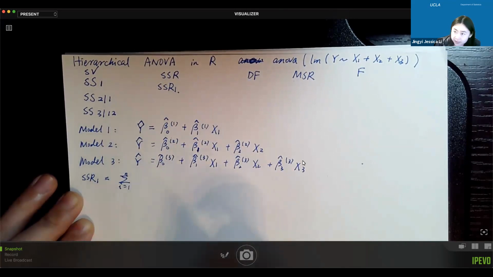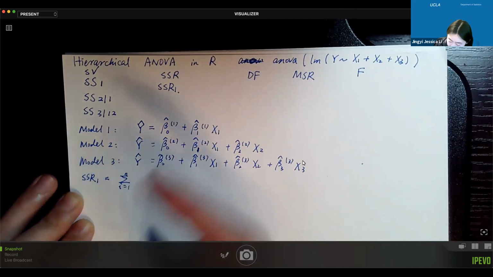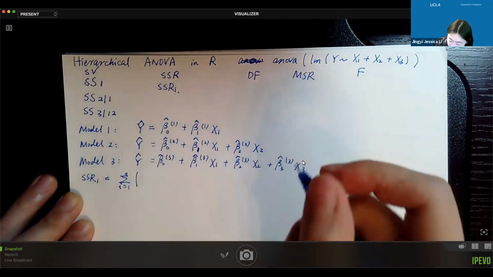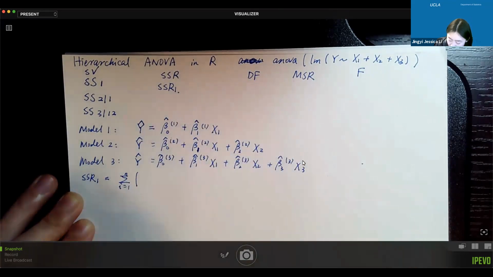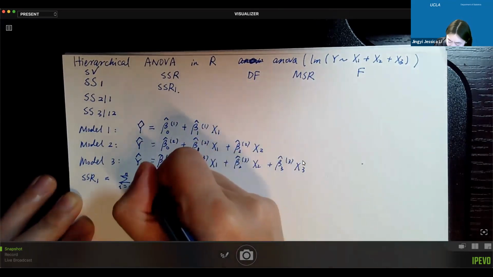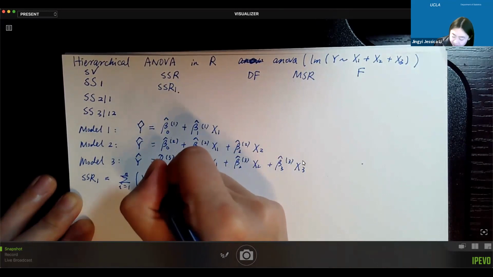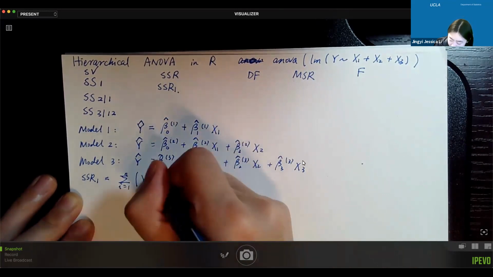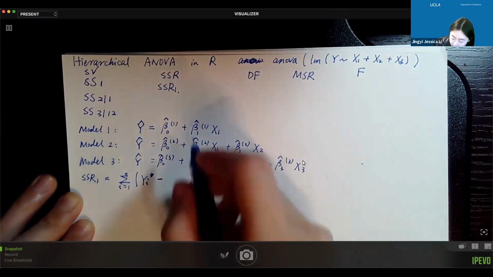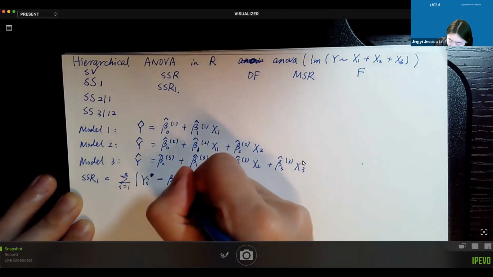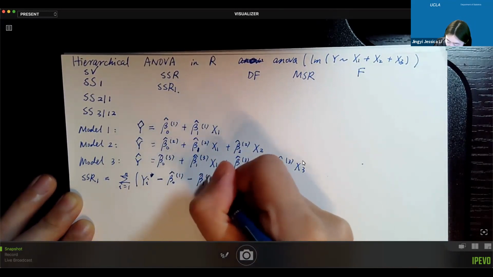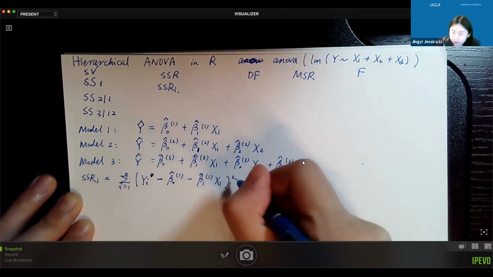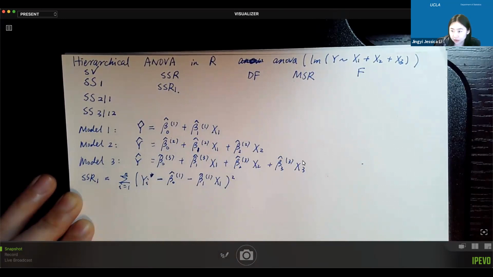SSR is the explained part, right? So that's the explained regression part. I would have yi, our observed response, minus the fitted response, which is minus beta 0 hat 1 minus beta 1 hat 1 x1, squared. That will be my SSR.